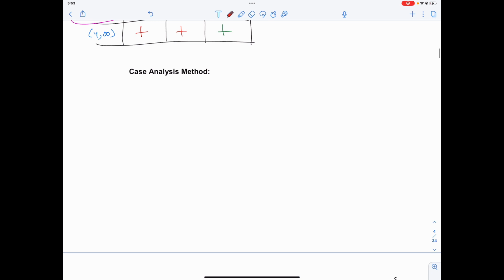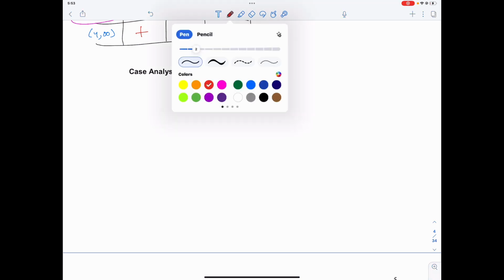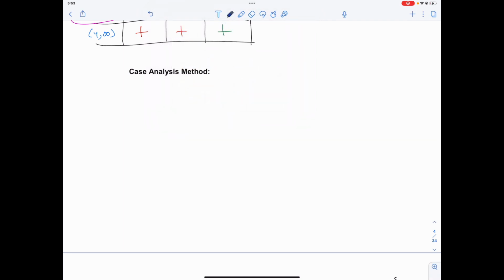When I do my case analysis, well, for my case analysis, what do we know? We know that we have case 1 and we have case 2. For case 1, how do we get a number that is less than 0?